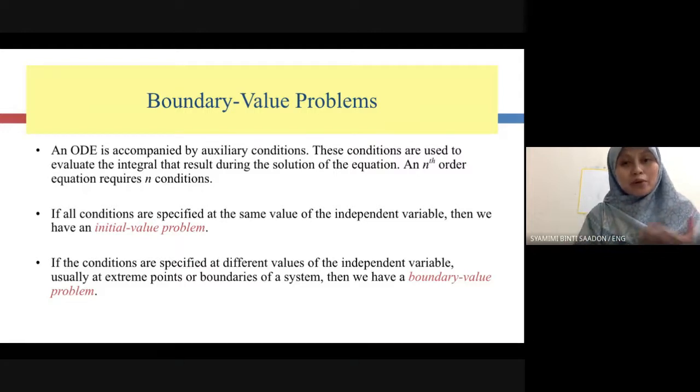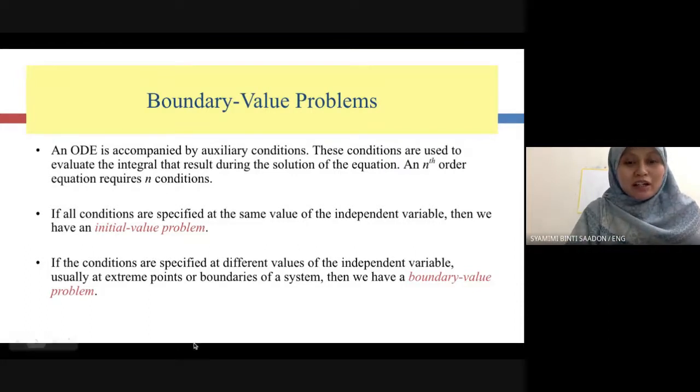The examples that we are going to see later on are second order differential equations. Normally, for boundary problems, we will have a second order or higher order differential equation. From this second order differential equation, we are going to separate the equations into first order. When we have first order, then we can apply the initial value problem methods that we have learned before. So we will see.